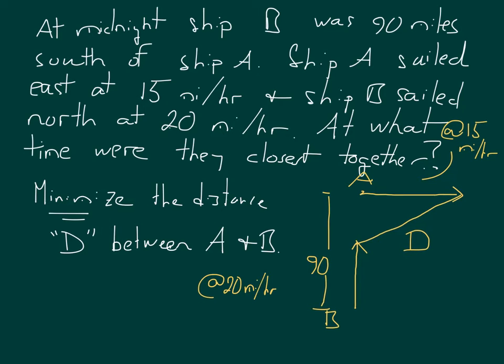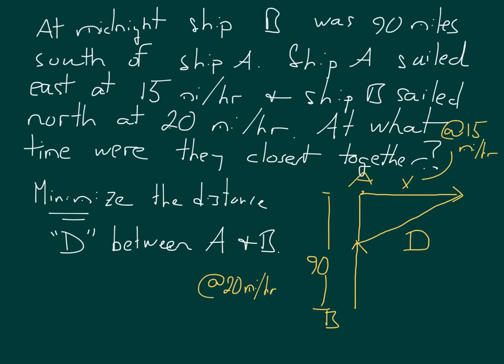And if you look here, it seems that we should be able to write D in terms of this distance here. The distance traveled by A, we'll call that x, and this distance right here, and you can see that this is the distance from A, the position that ship A was in at midnight, rather, and the position of ship B at any particular time.